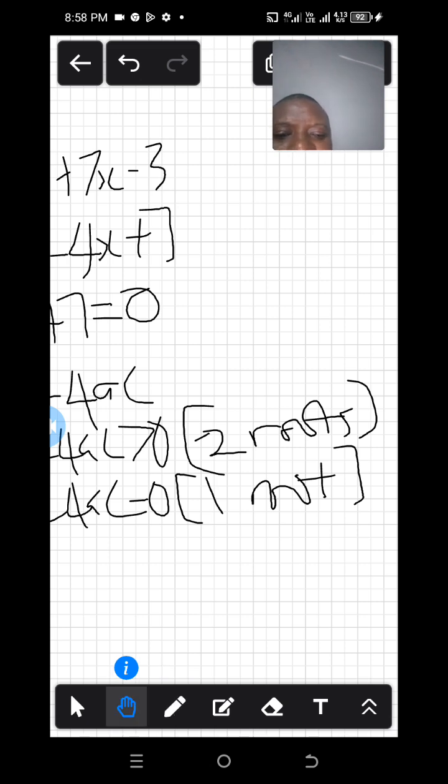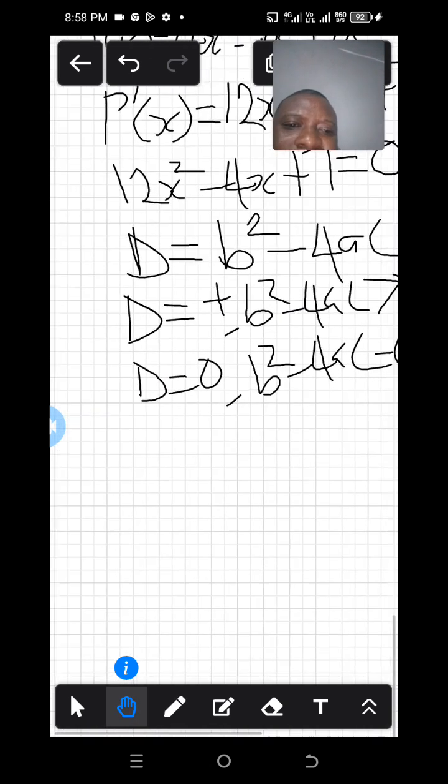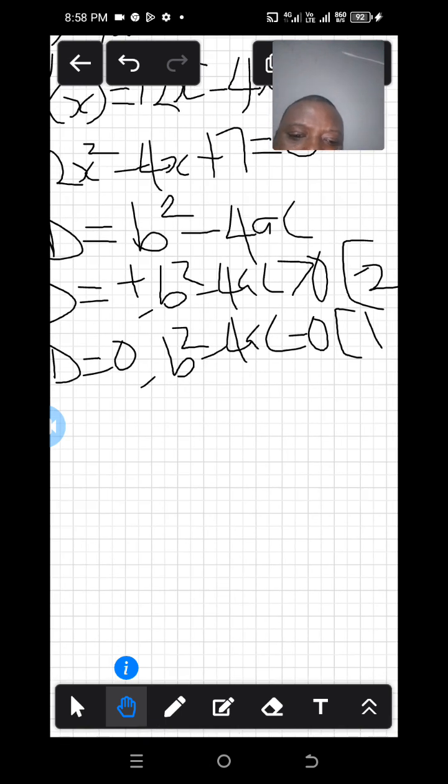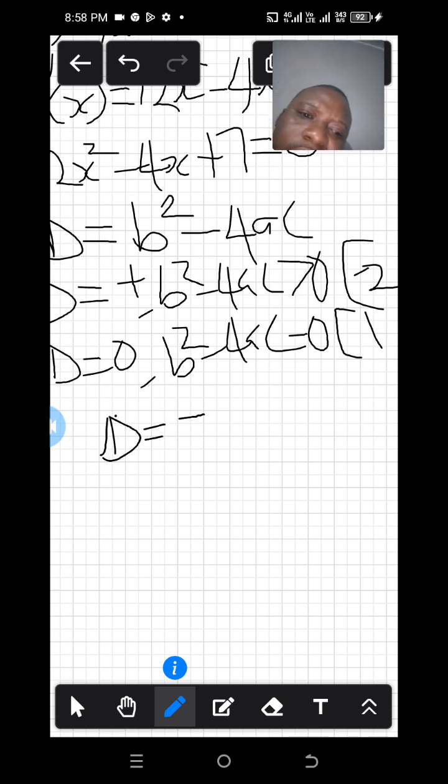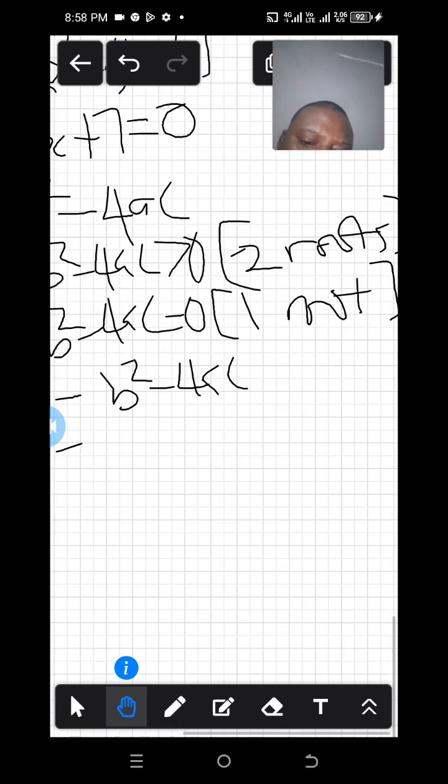And for the third case, D can be negative. If D is negative, b squared minus 4ac is less than 0.